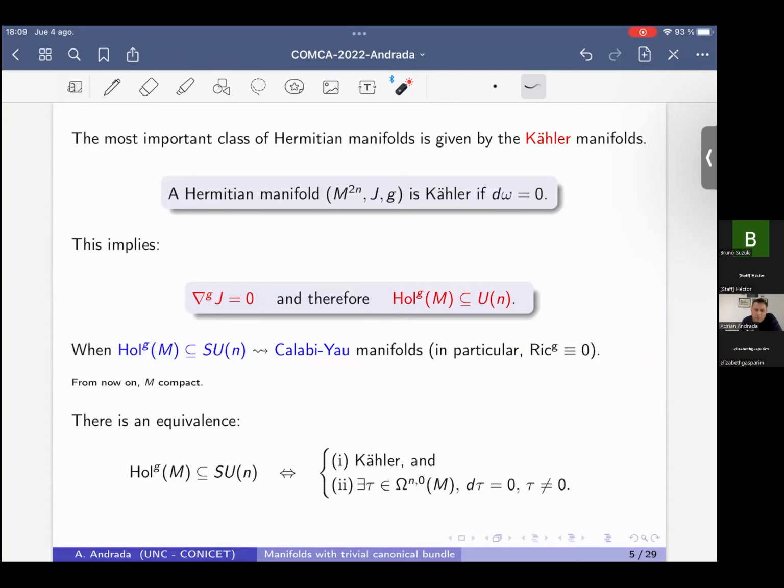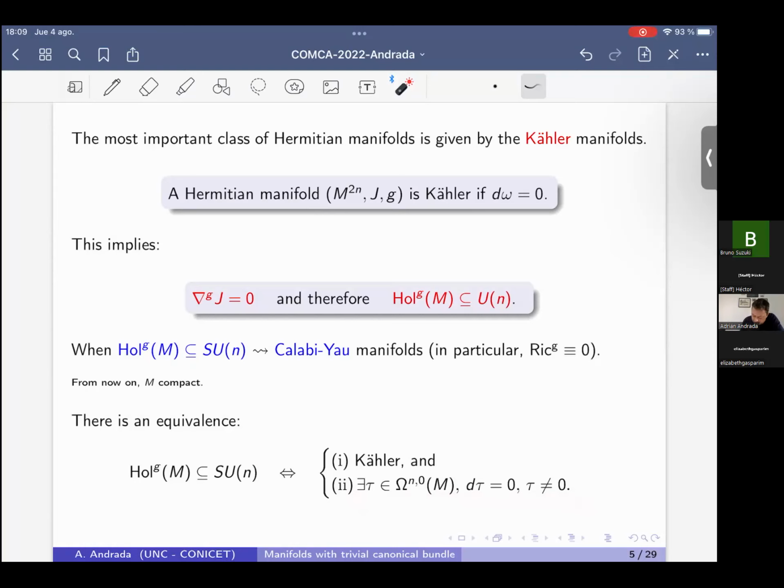We assume from now on compact for simplicity. And it can be seen that this condition is equivalent to these two conditions together. One is being Kähler. This means that the holonomy is inside U(n), and also that there is what we could call a complex volume form.